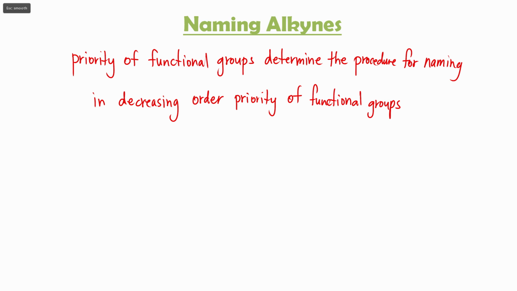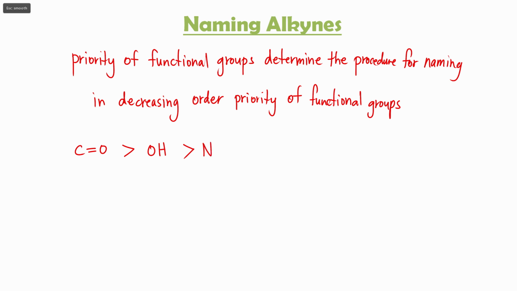Okay, so if we had a C double bond O, which is a carbonyl group, that would take priority over an alcohol. So when we get to naming ketones, you will see what I mean by that.